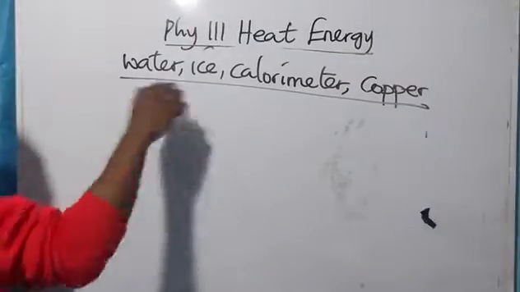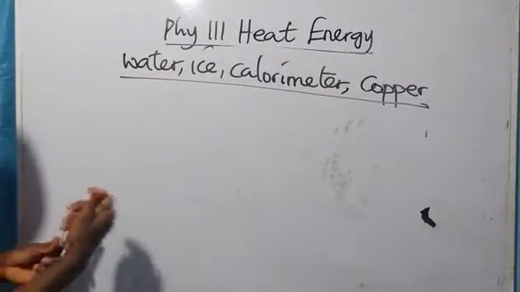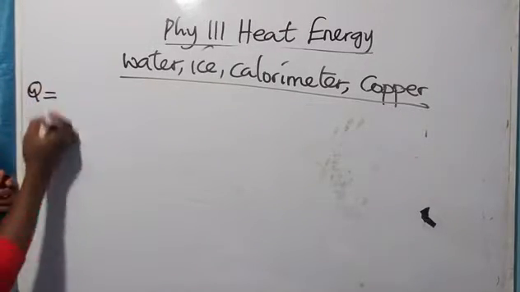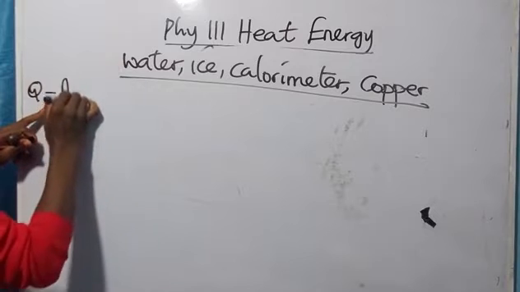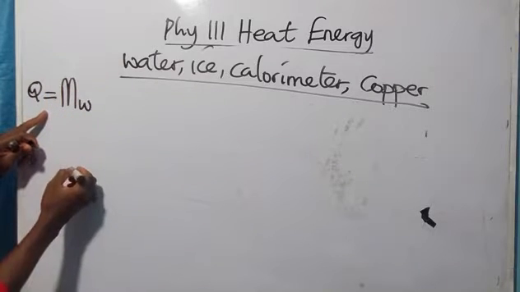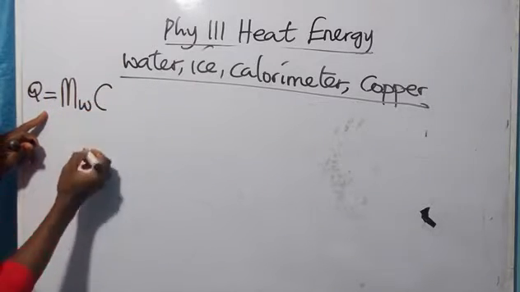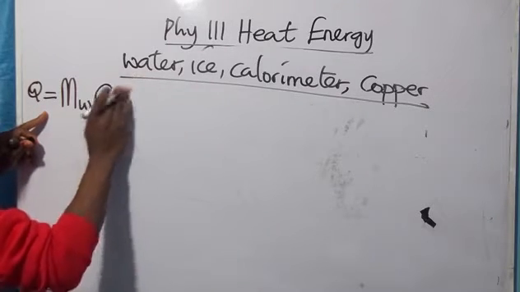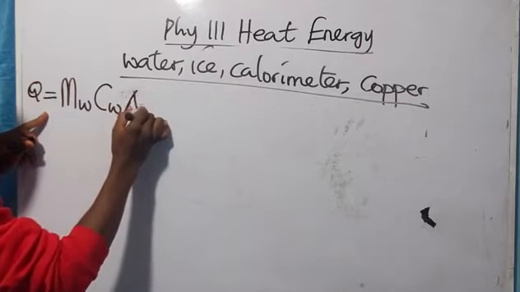To express this, to look for the quantity of heat, Q equals the mass of water times the specific heat capacity of water, times the temperature change.